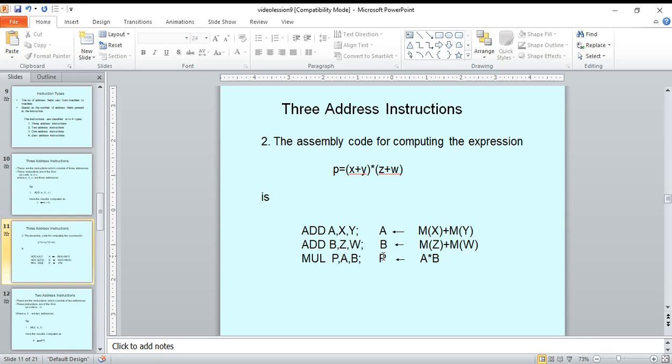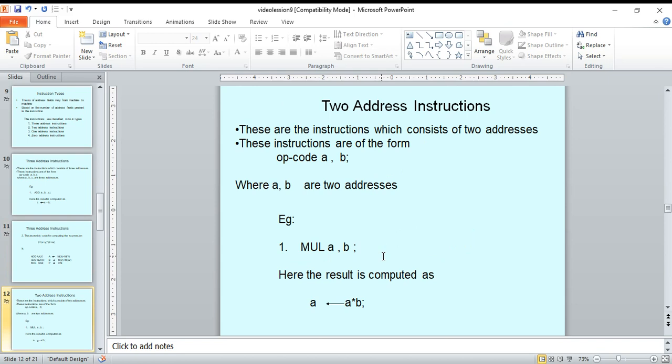This is about the three address instruction, and then we come to the two address instruction. Here it is the same as the three address instruction format, but it consists of only two address fields along with the opcode.